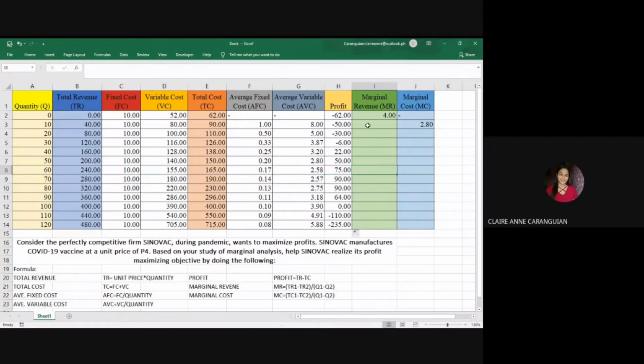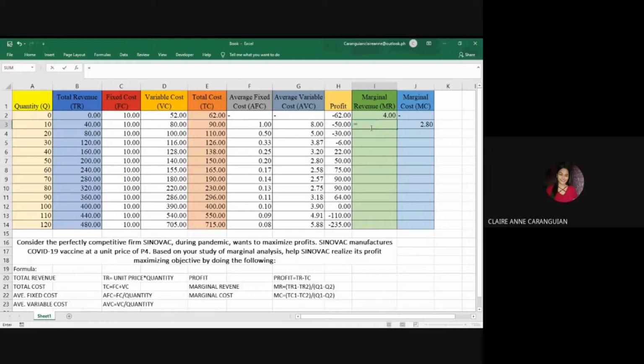Next is the marginal revenue. Our formula for marginal revenue is total revenue 1 less total revenue 2, divided by quantity 1 less quantity 2. So same process as others.